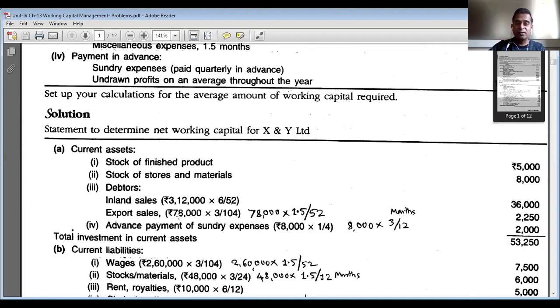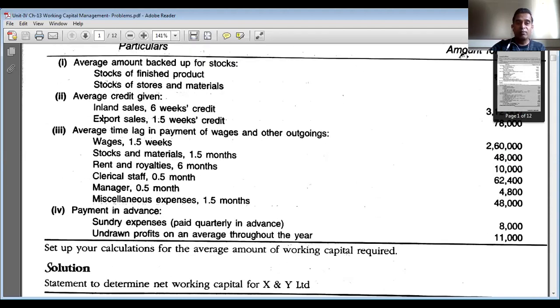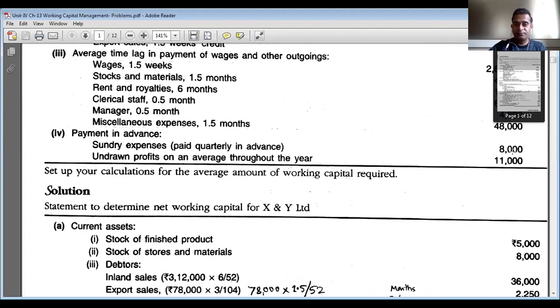Similarly for export sales, the amount is 78,000 rupees, and the debt collection period for customers outside the country is 1.5 weeks. Export sales, 1.5 weeks credit, and the amount is 78,000. This 78,000 is nothing but budgeted credit sales in units multiplied by cost of sales per unit. So we multiply this by the debt collection period to arrive at the working capital required in debtors.